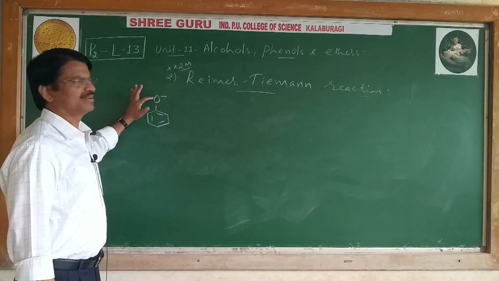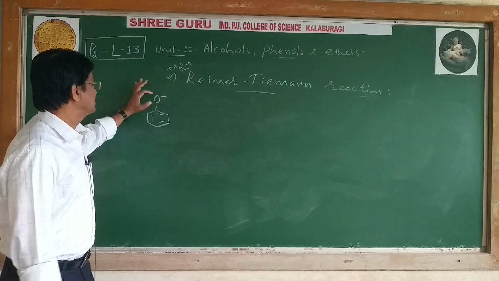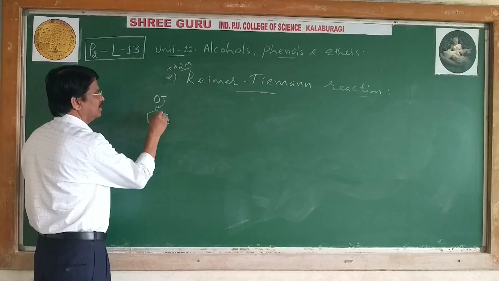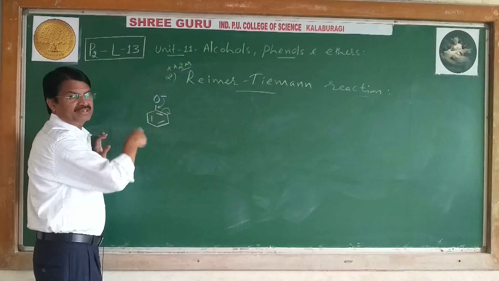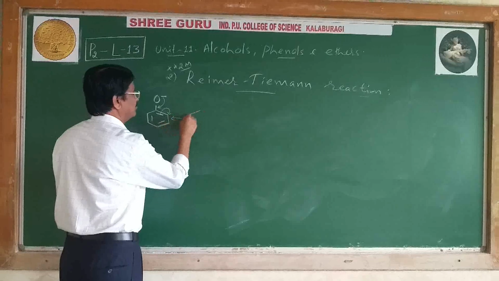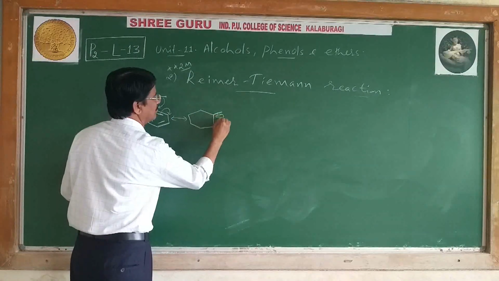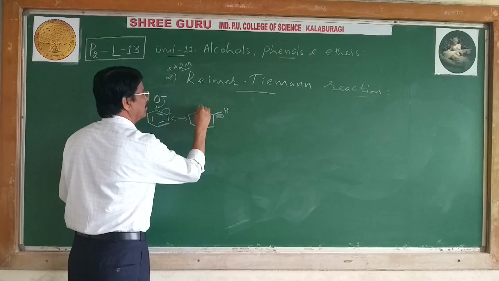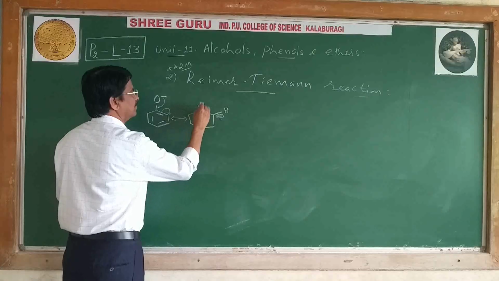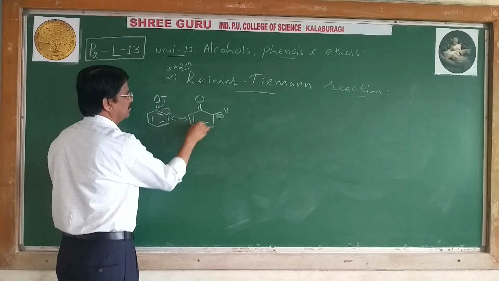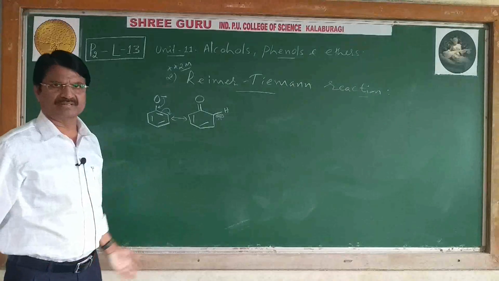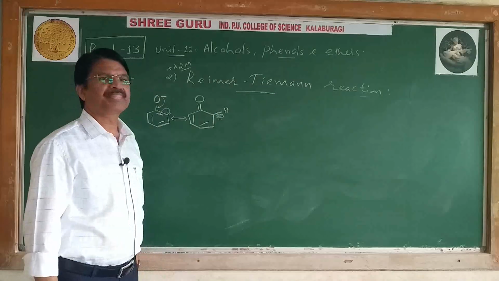Sodium phenate contains the phenoxide ion, and this negative charge undergoes delocalization with the pi electrons of the benzene ring, the same as in Kolbe's reaction.